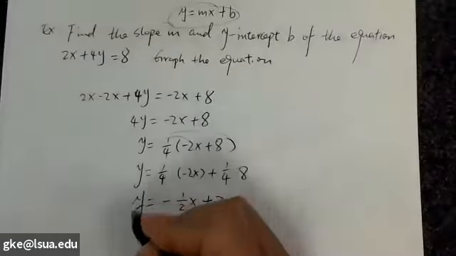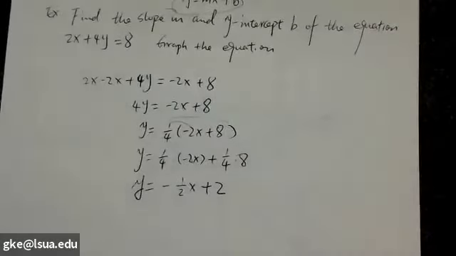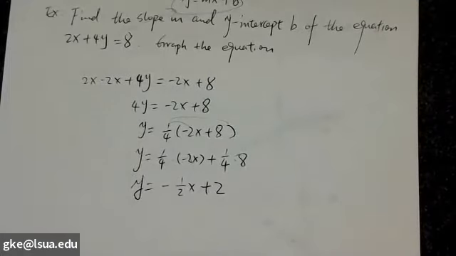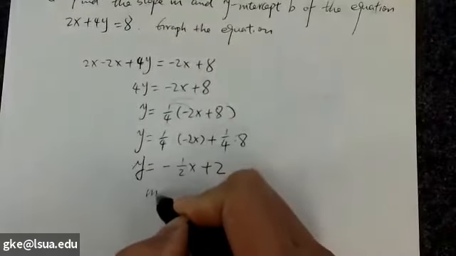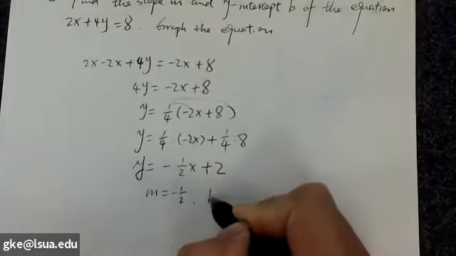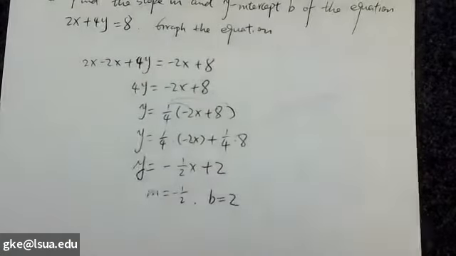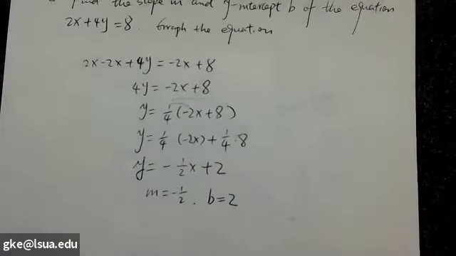So the equation is y equals -1/2 x plus 2. Now you can tell what is m, what is b. m is -1/2, b equals 2. That's it.